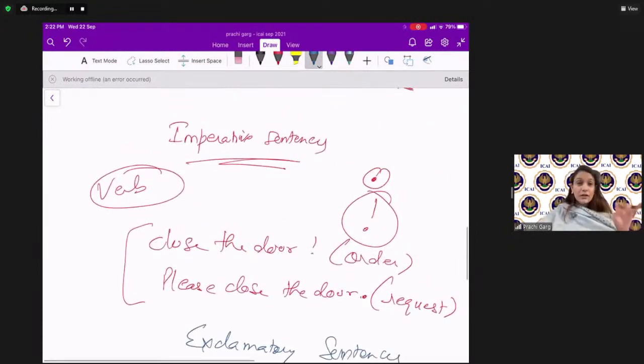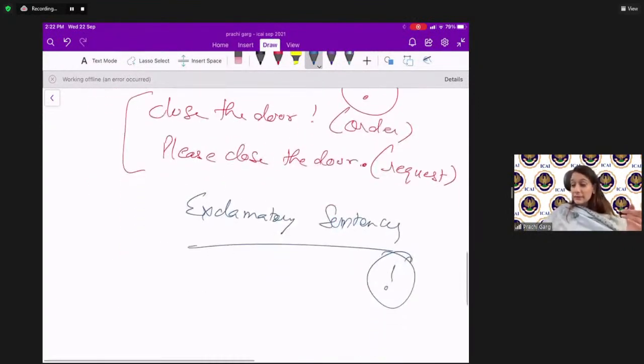Here again you have to read the sentence very carefully to notice whether it's a declarative sentence or an imperative sentence. How will you find out the difference? A declarative sentence is only giving information, but an imperative will give you one of these: instruction, order, command, advice, request, proposal, suggestion. Everything is mentioned in your study material. One thing has to be there. In the exclamatory part also, you have to notice what the sentence is trying to tell you.